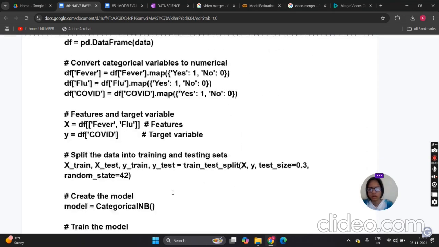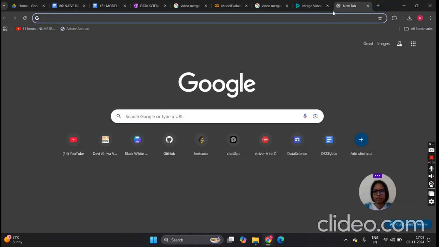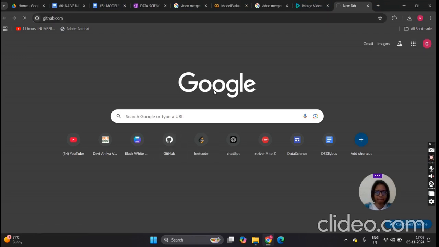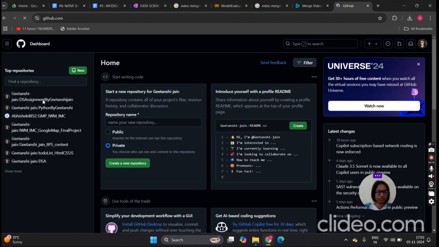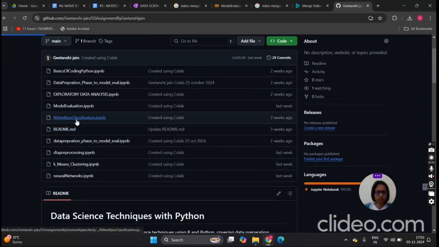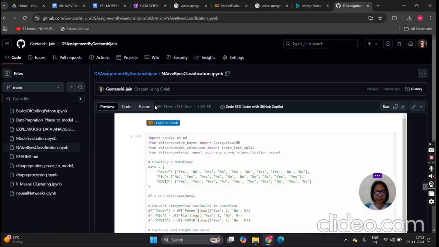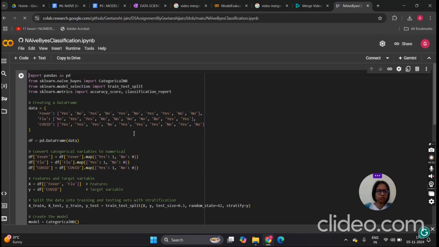So this is the Google Colab code of Naive Bayes classification here on GitHub. Explore with Google Colab. So this is the code.